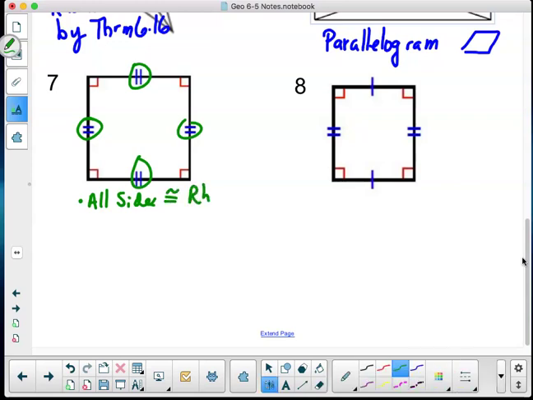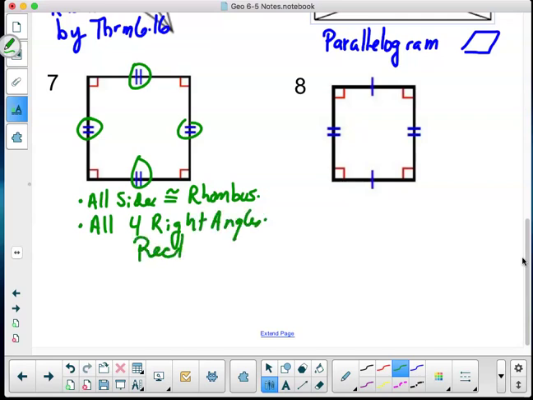That's a rhombus. But I've got a rhombus that has all 4 right angles. Well, that's a rectangle. Well, if I've got a rhombus rectangle, I really have a square. Okay, that's a square by definition. All the sides are the same, all the right angles are the same.